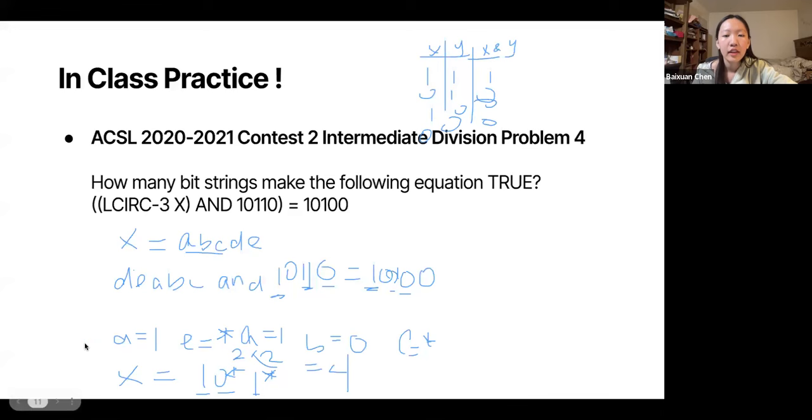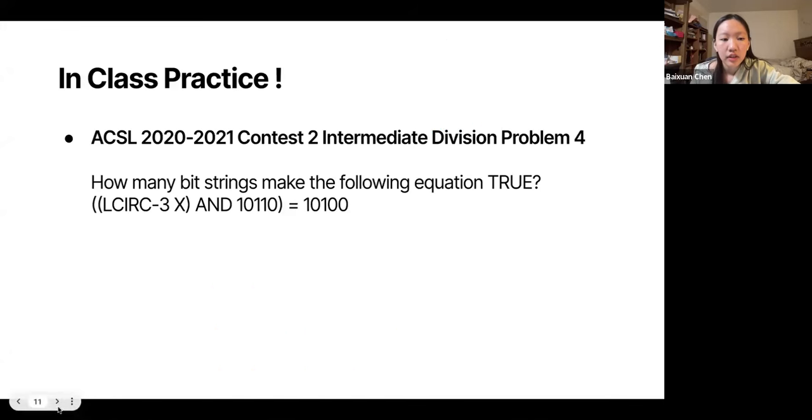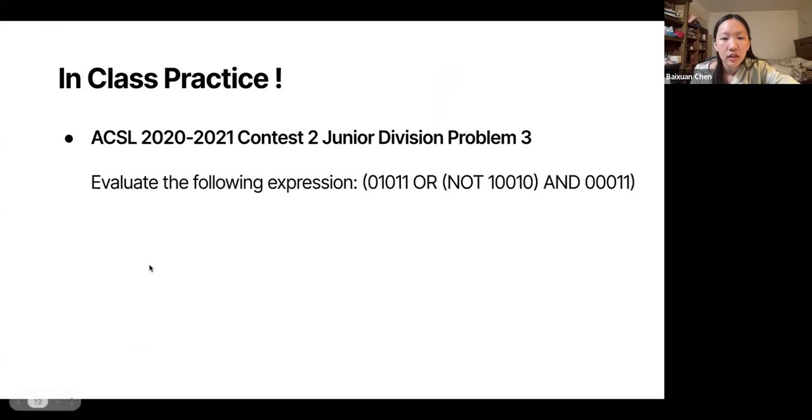Okay, let's keep going then. So let's clear. Okay, so moving on. Evaluate this one. This one should be pretty easy for you guys. So can you guys try this problem?